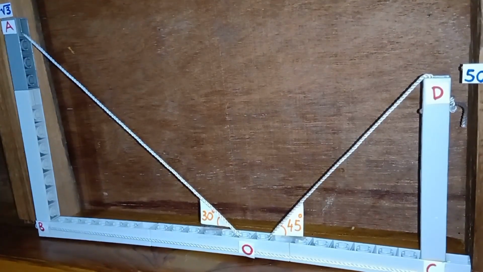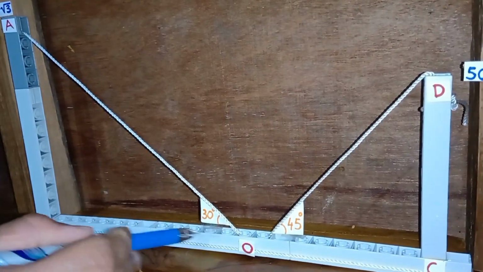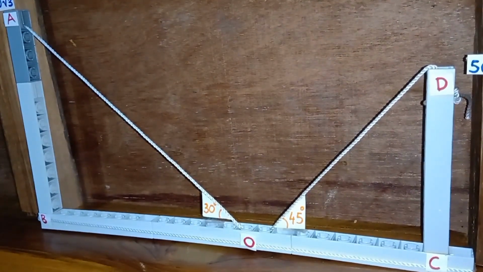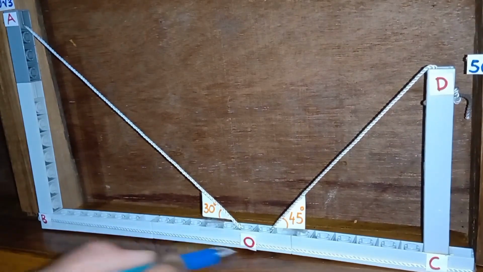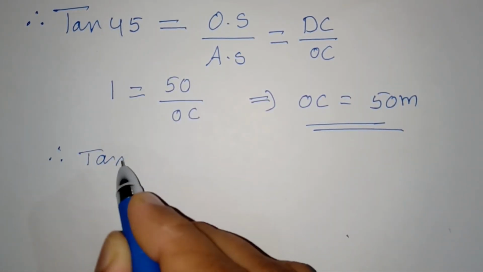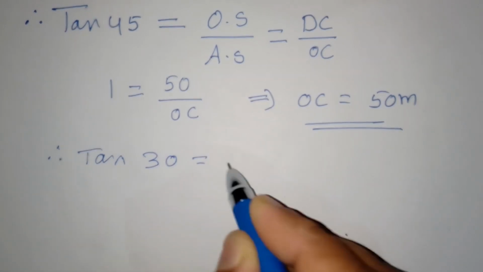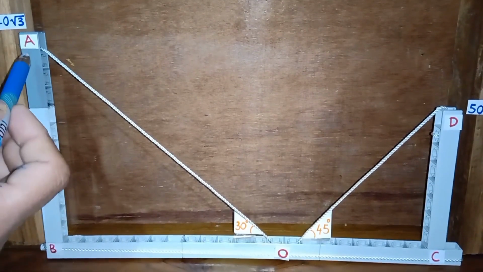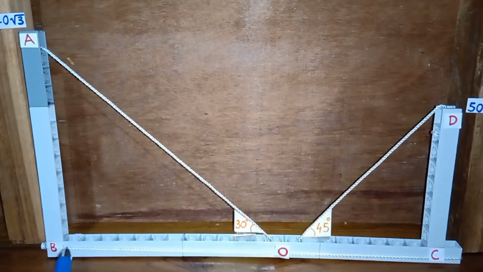Considering the other right angle triangle OAB, we can use the trigonometric ratio tan to determine the distance OB. Tan 30 equals opposite side by adjacent side. Opposite side is AB and adjacent side is OB.